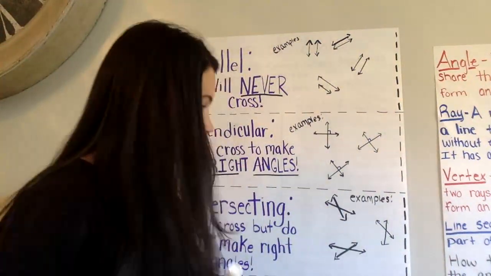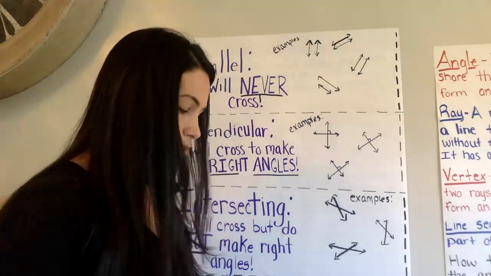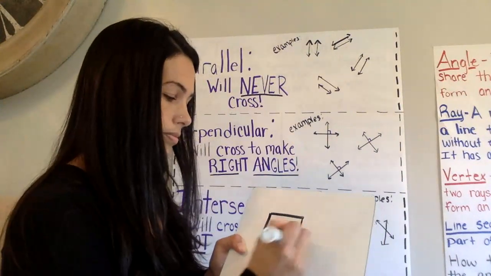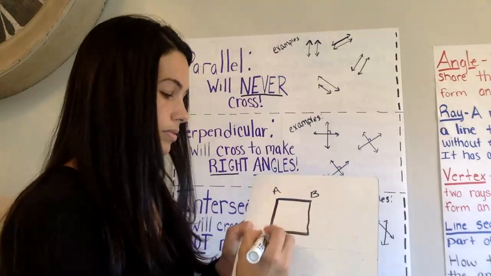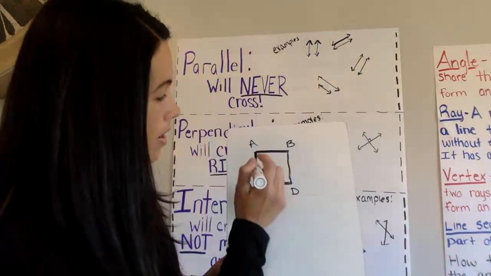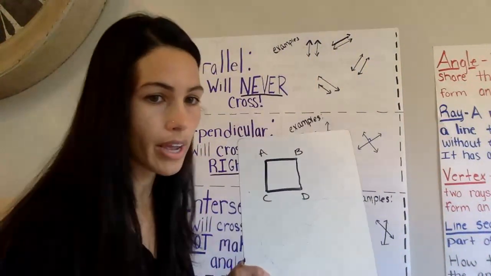So now let's talk about a shape. I'm going to draw a square again. Now, the square, so this line meets this line, that's a 90-degree angle.